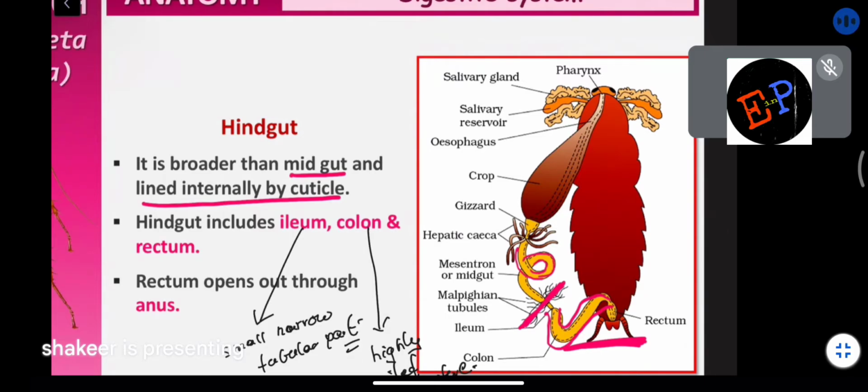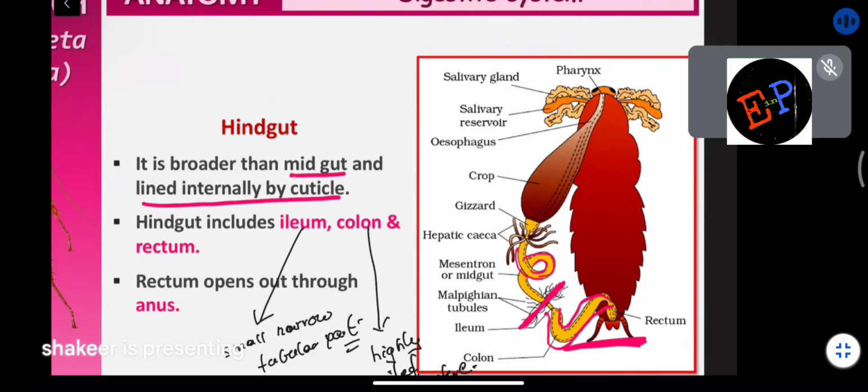Therefore it is broader than the midgut, and here also you will find a cuticle, present on the inside of the hindgut. So where is the cuticle present? It is present in the foregut also, and in the hindgut also, but in the midgut you don't find any cuticle.